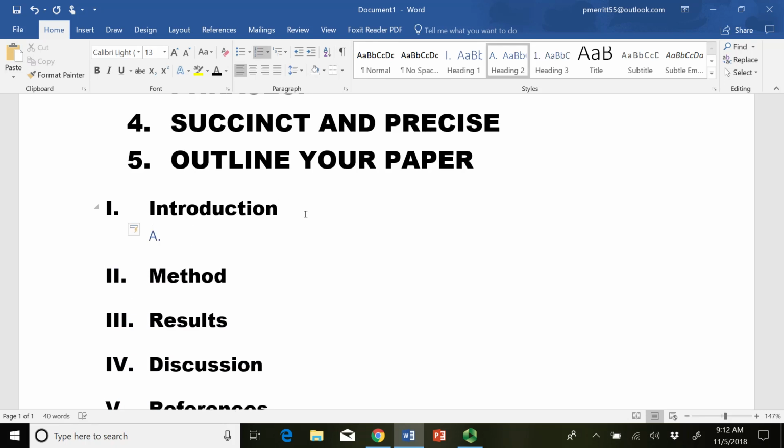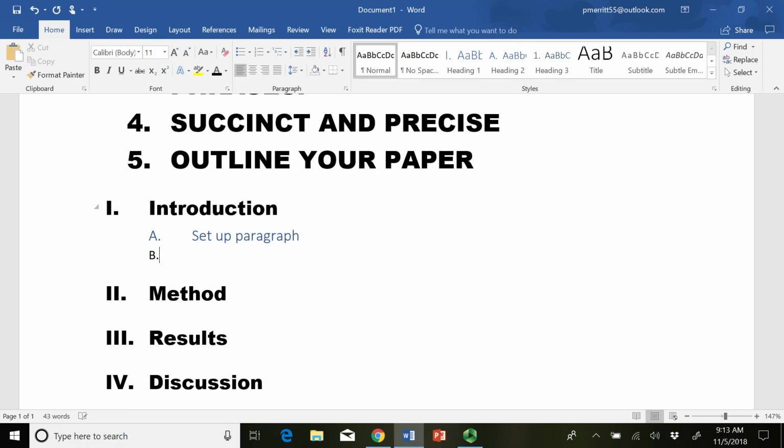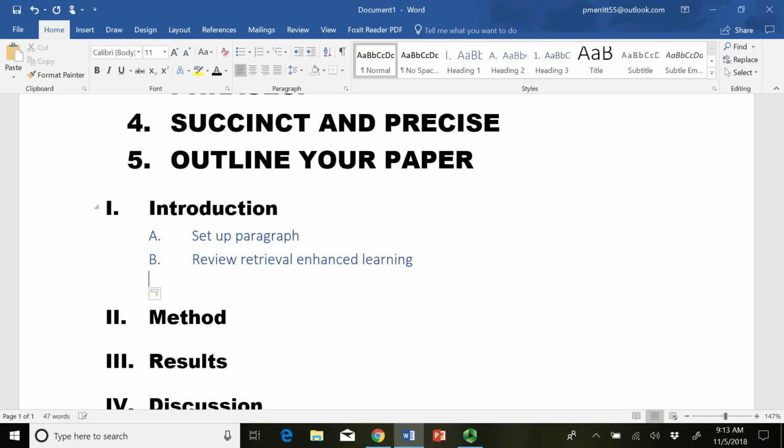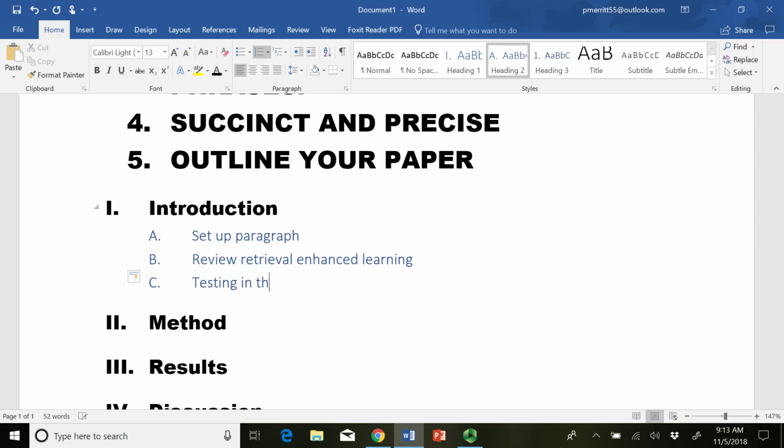and your starting paragraph, which might be something like, let's say your paper is going to be on the testing effect. Very common thing we look at in undergraduate studies. So, it might be something like a setup paragraph. You're going to review retrieval enhanced learning, then testing in the classroom.